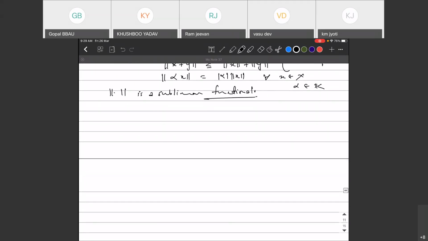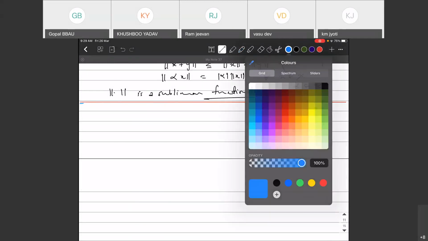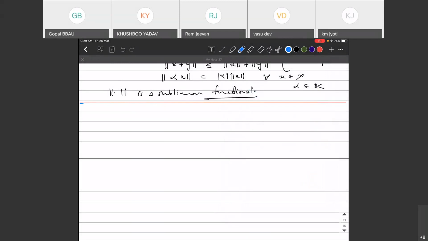So now let us state the main theorem. By main theorem I mean the Hahn-Banach theorem. So this is extension of linear functional.